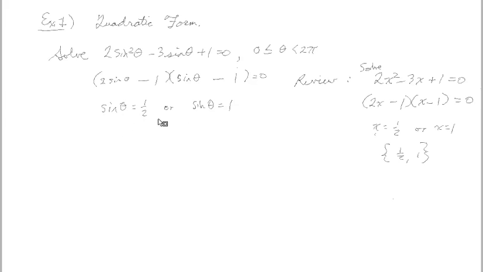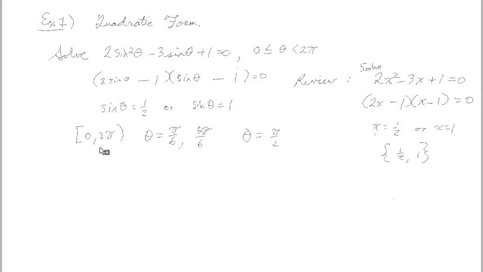If we solve both of these, we get, on the interval from 0 to 2 pi, theta will be pi over 6 and 5 pi over 6 for this one, and then for one revolution of sine theta equal to 1, we get theta equals pi over 2.